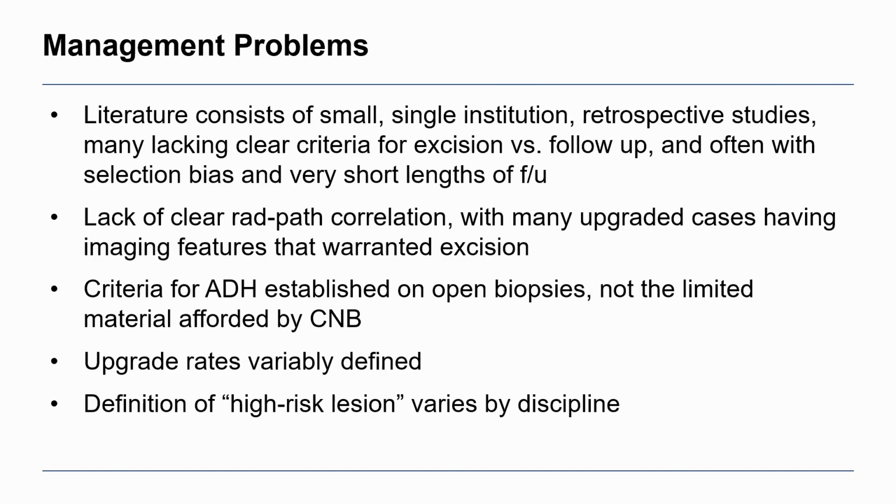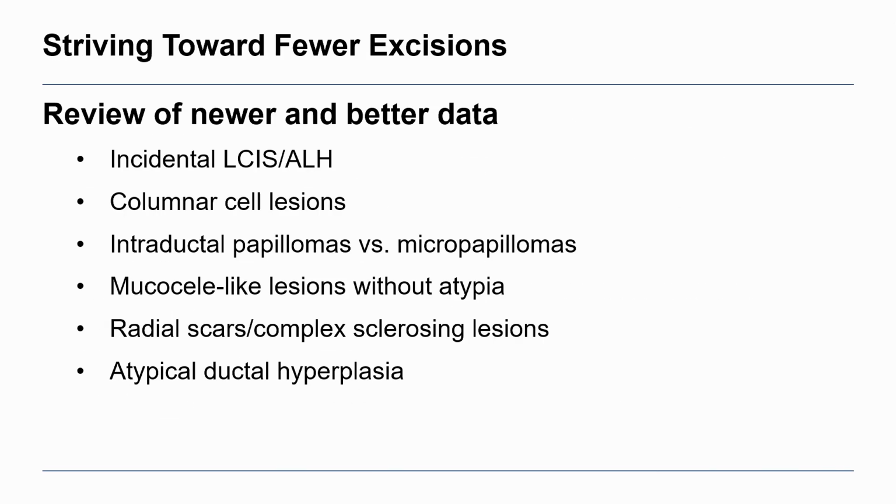Oncologists think of high-risk lesions as those that confer an increase in subsequent breast cancer risk, such as atypical ductal hyperplasia, lobular carcinoma in situ, DCIS, whereas radiologists tend to think of high-risk lesions as anything that confers an upgrade in the immediate excision period, such as the upgrade rates associated with complex sclerosing lesion, for example, or atypical ductal hyperplasia.